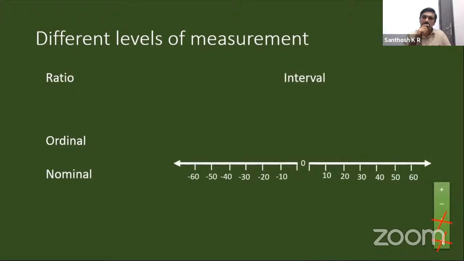The third level of measurement is the interval level. The major difference in the interval level while comparing with ratio level is it doesn't begin at 0. As you can see in this figure, there are a lot of values below 0. This reduces our chance to go for all the mathematical properties using the values from the interval level of measurement.